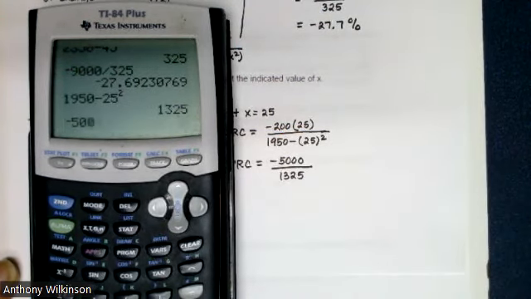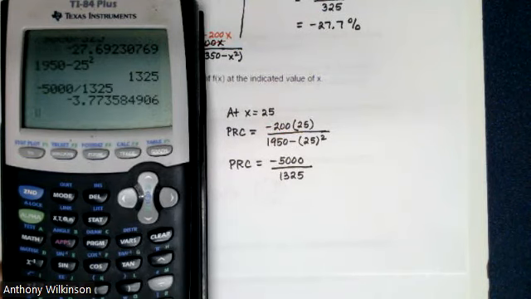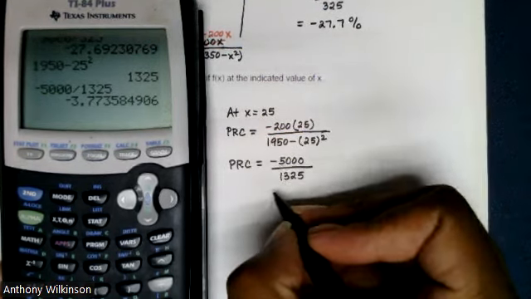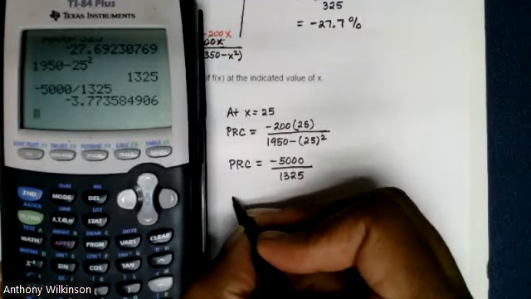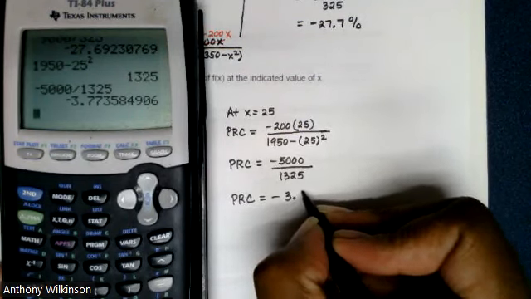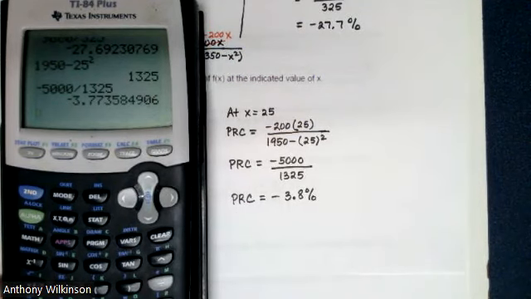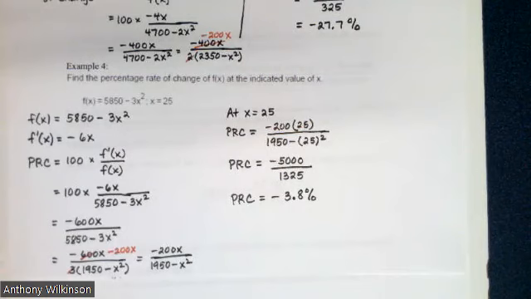Now, if I take that negative 5,000, divide that by the 1325, let's say to one decimal place, the percentage rate of change is negative 3.8%. So the percentage rate of change of the function f of x at x equals 25 would be negative 3.8%. Okay.